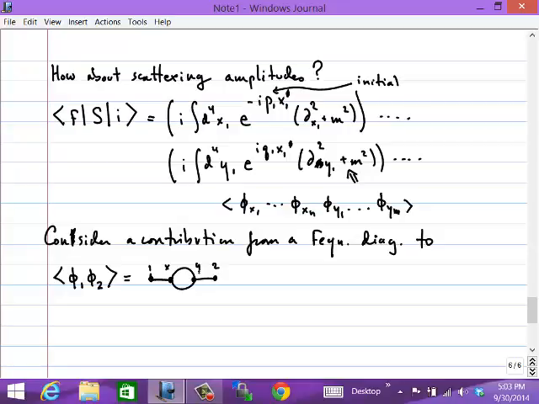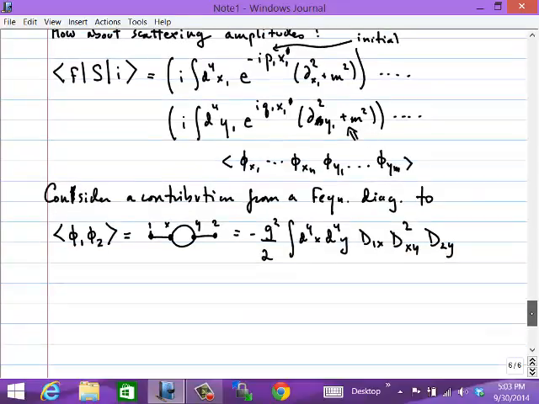So this is one of the three terms that I wrote down that contributed at order coupling squared to the two-point function between phi at x1 and phi at x2. Okay.